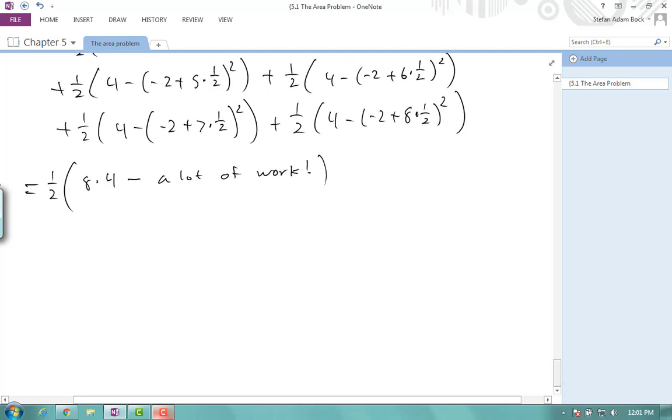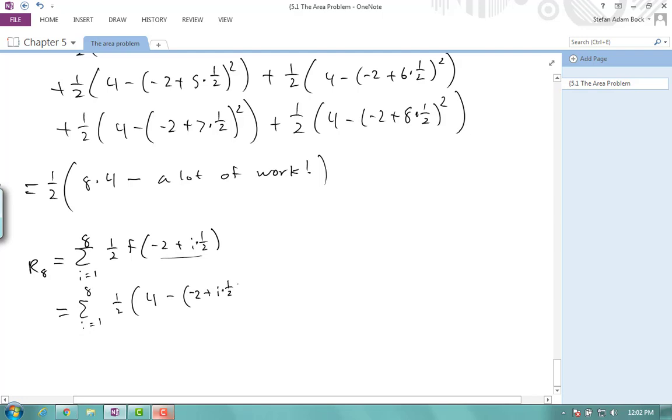Well, there is. Let's go back to how it looked before with the summation notation. If I plug this expression into the original function, to 8, I'll have 1/2 multiplied by 4 minus negative 2 plus I times 1/2, quantity squared.